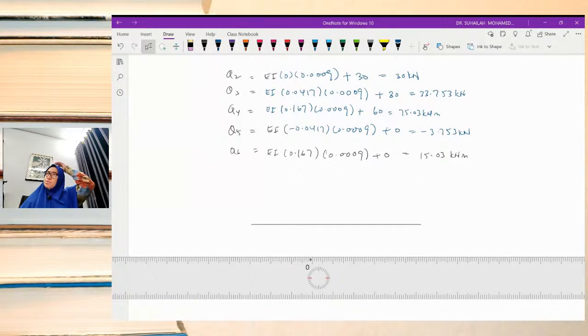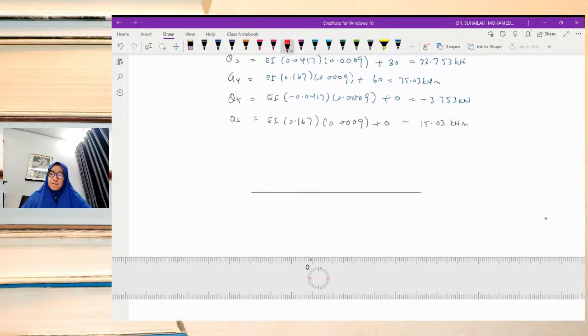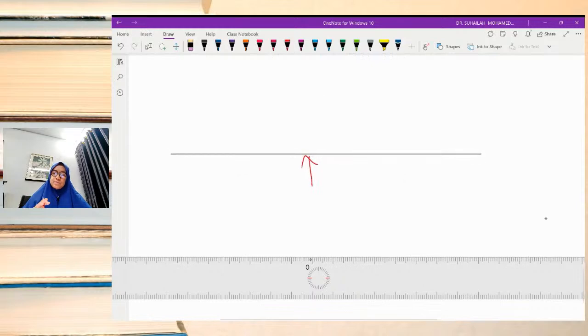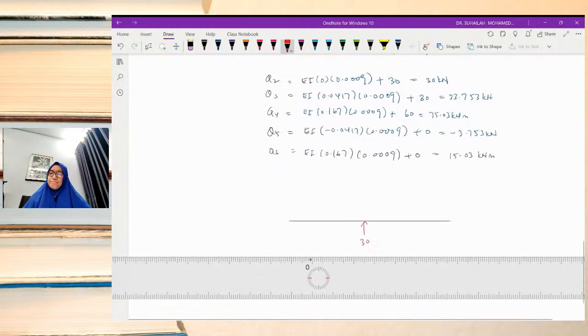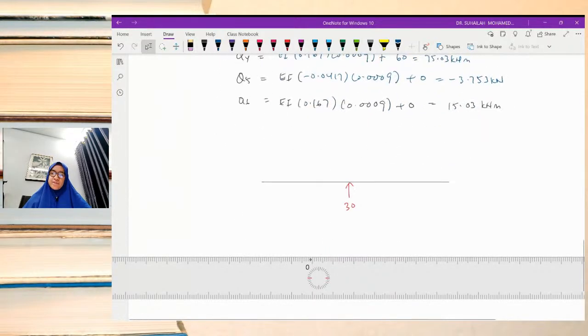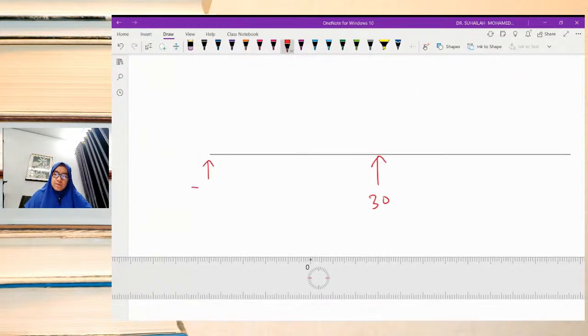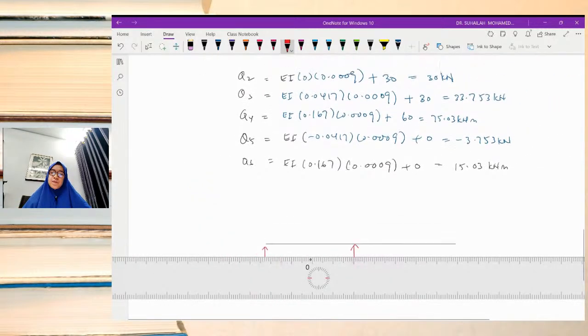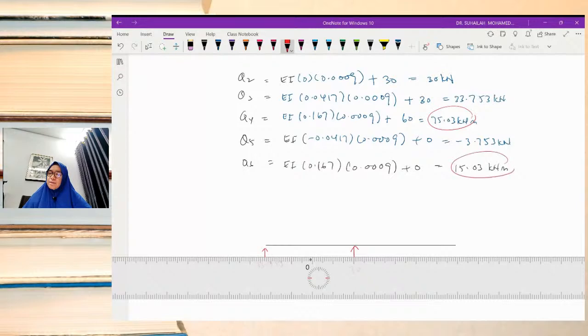Q2 is roller, 30. Q3 is 33.753. Moment positive is counterclockwise because of the sign convention.